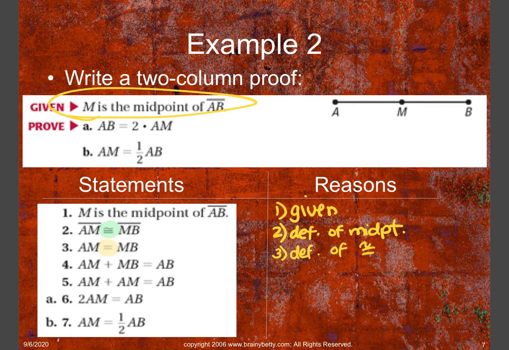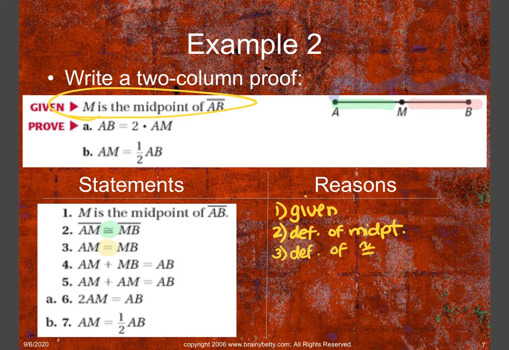Some of these things are going to be based on the diagram and the given information, and some are always going to have the same kind of reason no matter what. If you go from congruence to equals, it's always definition of congruence. Whether I'm talking about angles or segments or triangles, if I'm switching out a congruent symbol for an equal symbol or equal for congruence, it's definition of congruence, okay? Now go to 4. 4 says AM plus MB equals AB.